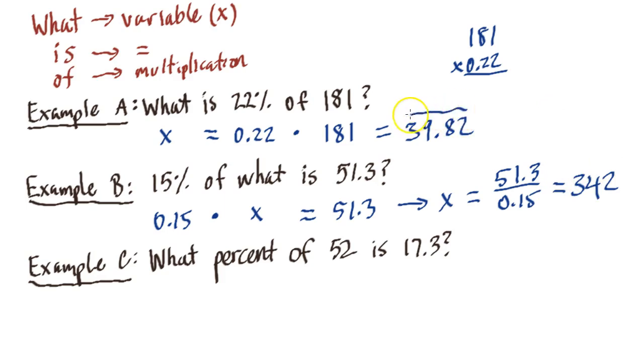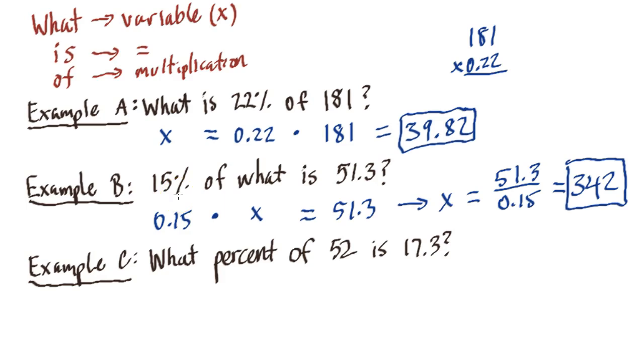So this was our solution before. Now our solution is 342. So let's think about what this means. So 15% of what? Remember, substitute our solution, 342, for the "what." 15% of 342 is 51.3. So it makes sense that if we looked at 15% of 342, we would have a smaller number, which ends up being 51.3.